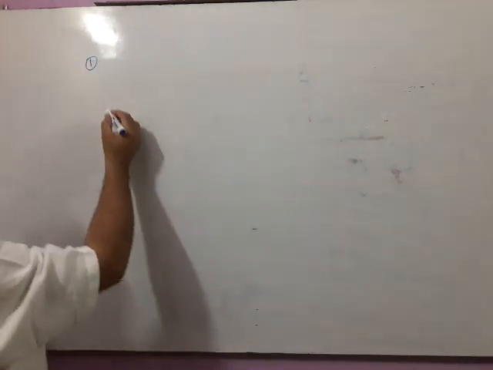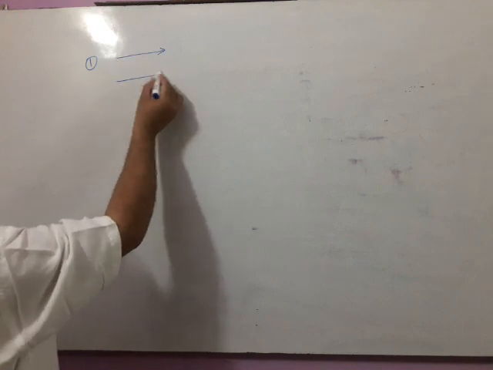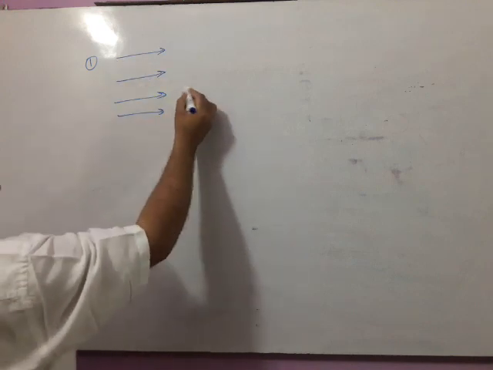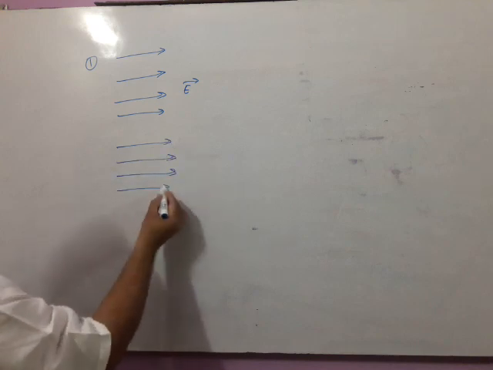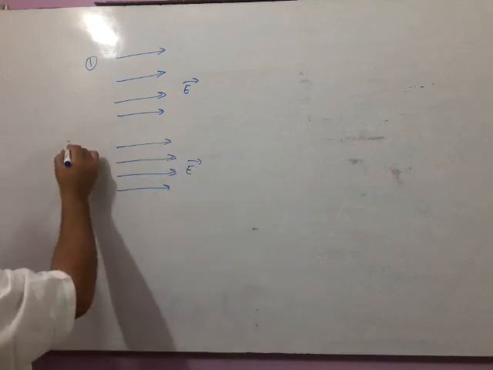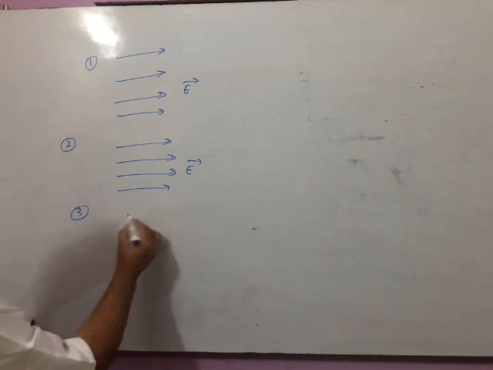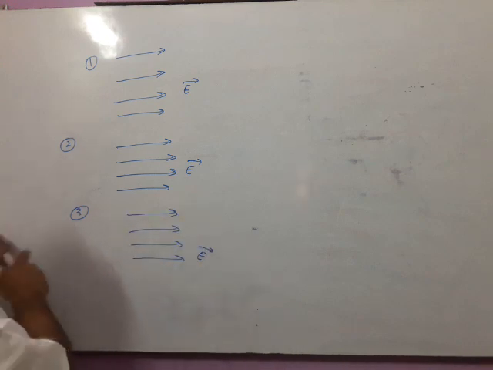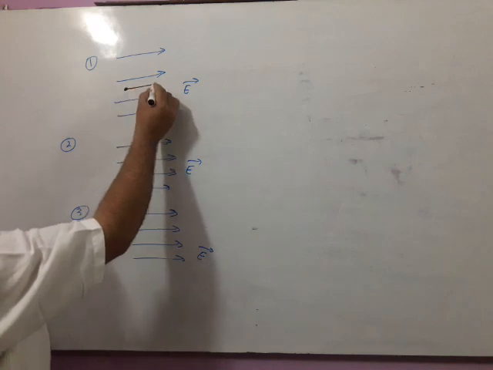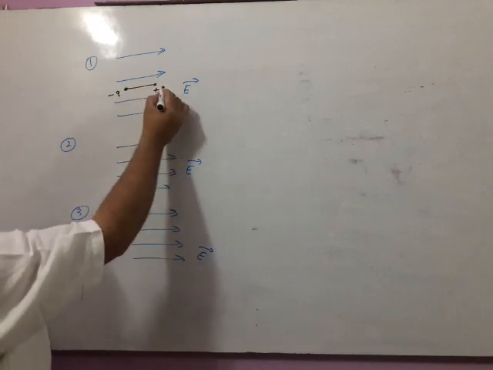Now see, again most important 3 points. This is the direction of uniform electric field. Now dipole is placed in 3 different ways. Minus q, plus q.